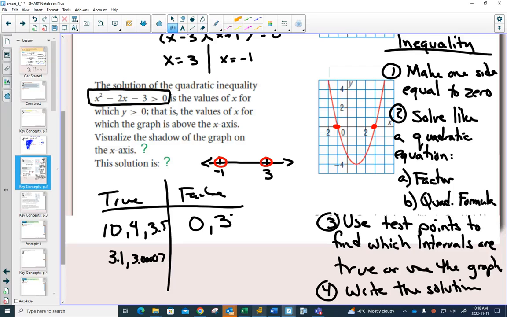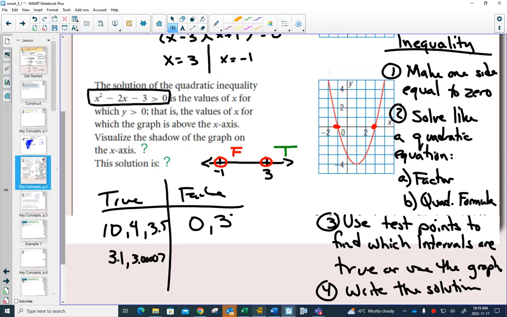When you tested 10 and found out it was true, that means this entire section above 3 will be true. You can try 7. It works. Try a billion. A billion squared is going to be huge, minus 2 billion, minus 3, definitely will be bigger than 0. But because we tested 0 and it didn't work, anything between minus 1 and 3 is not going to work.